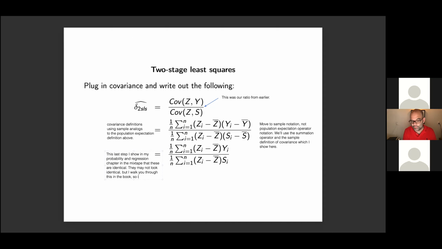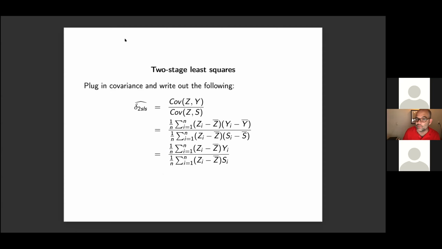So if you want to learn more about why they are the same, I encourage you to look in the probability section, where I discuss regression and covariance. It's the same thing. It just has to do with the nature of products of random variable values from their means. It's just a mechanical equivalence.